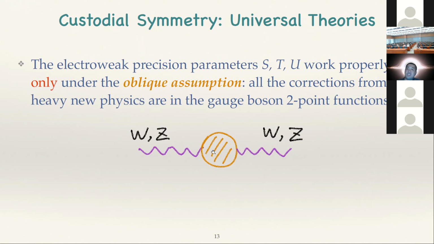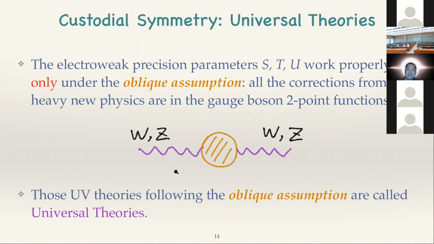All your new physics, BSM physics, are here, and these UV theories follow the oblique assumption. They're called the universal theories. So if you want to apply S, T, and U, they're only applicable to the universal theories with the oblique assumption.